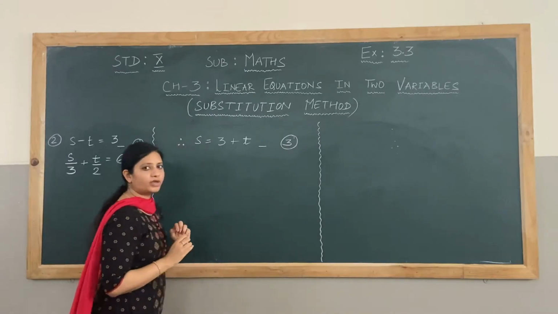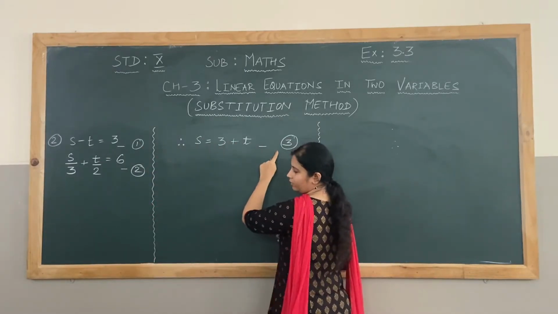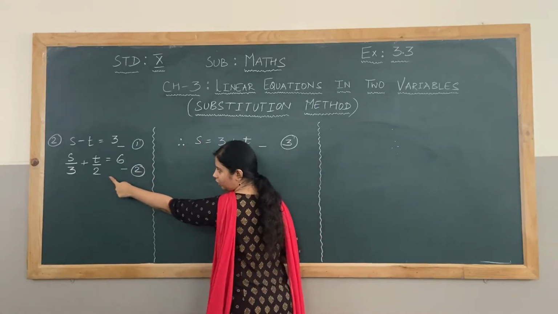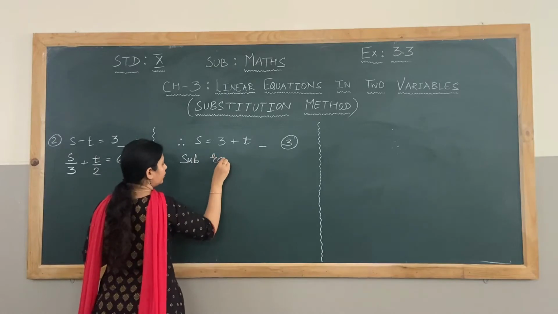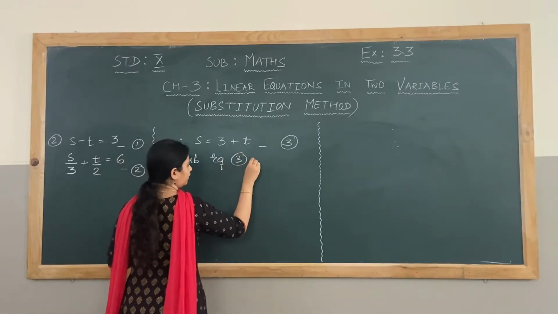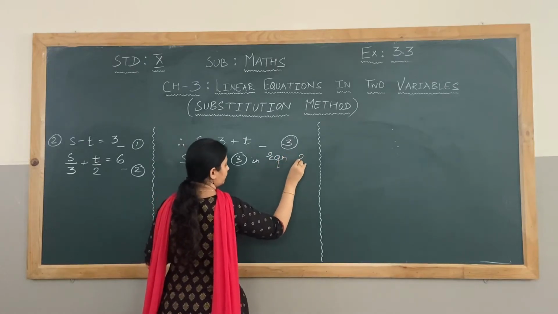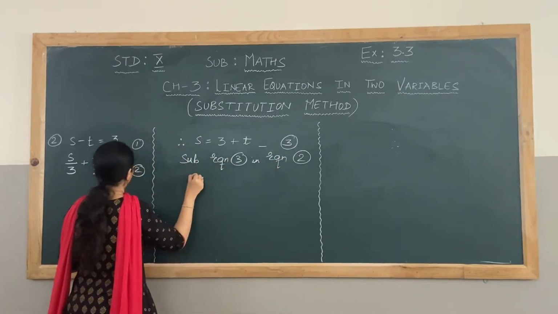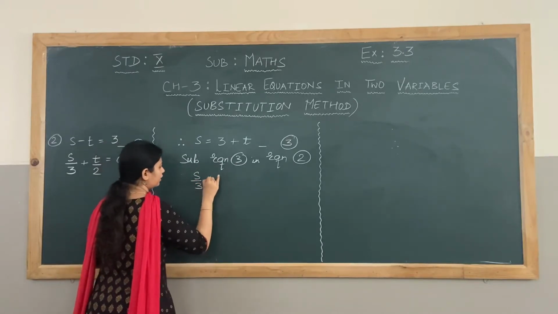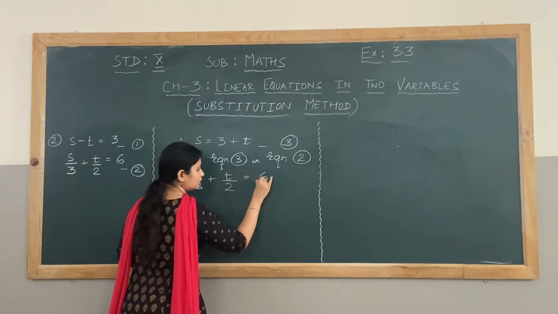Now what are we going to do further? We will substitute the value of s from equation 3 into equation 2. So substituting equation 3 in equation 2, therefore s upon 3 plus t upon 2 is equal to 6.